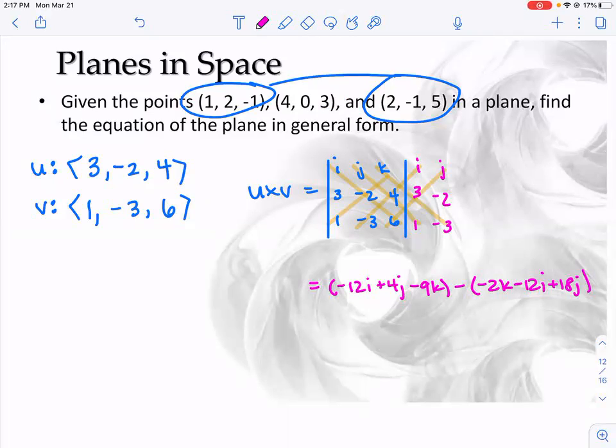Oh man, what happens to the i's? They're gone. So we have 0i.